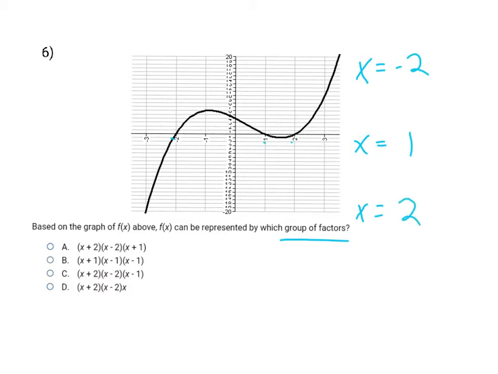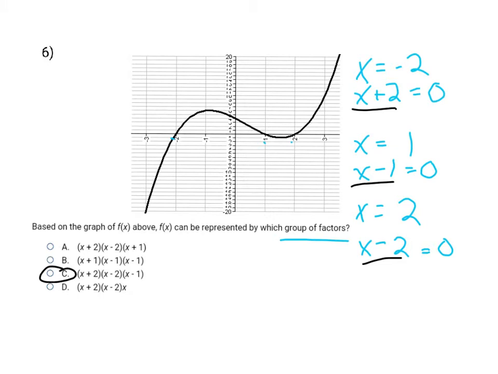So if I work backwards to get the factors, I'm going to have to set these equal to 0, so x + 2 = 0. Subtract 1 from both sides here, so x - 1 = 0. And then subtract 2 from both sides, so x - 2 = 0. And those give me my 3 factors. So that gives me my answer of letter C.